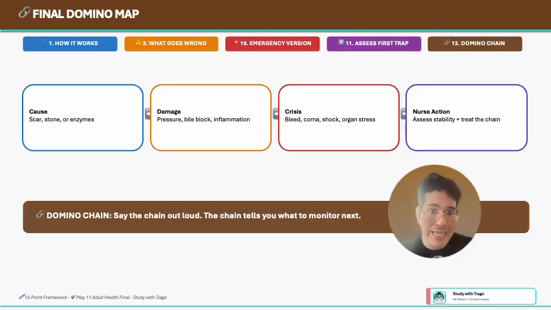Pancreatitis can go early enzyme activation to inflammation to third spacing to hypovolemia, respiratory issues, and organ dysfunction. That chain tells me fluids, urine output, oxygenation, and glucose, calcium, and pain control matter. Okay, this is the whole reason for the chain language. The chain tells me what to watch next.